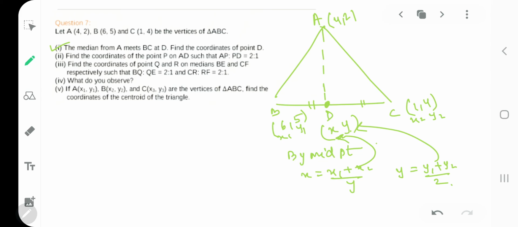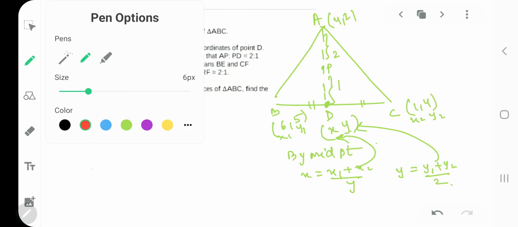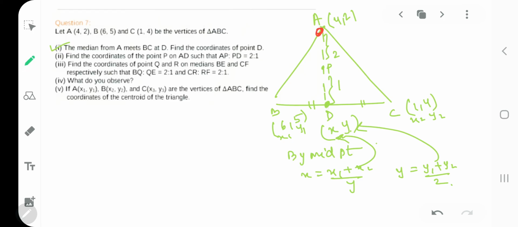Second, they have asked, find the coordinates of point P on AD. AD पे एक point P है such that AP is to PD is 2:1. So if I mark point P here, AP is to PD is 2:1. My dear kids, अगर आपके पास A के coordinates हैं, D के coordinates हैं, you have A coordinates (4, 2).